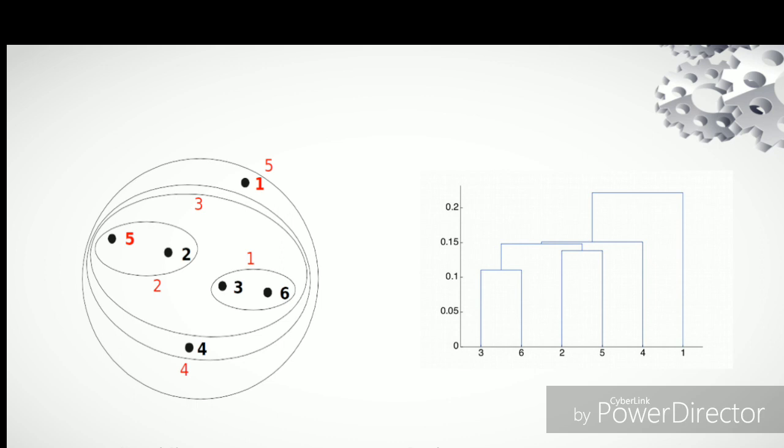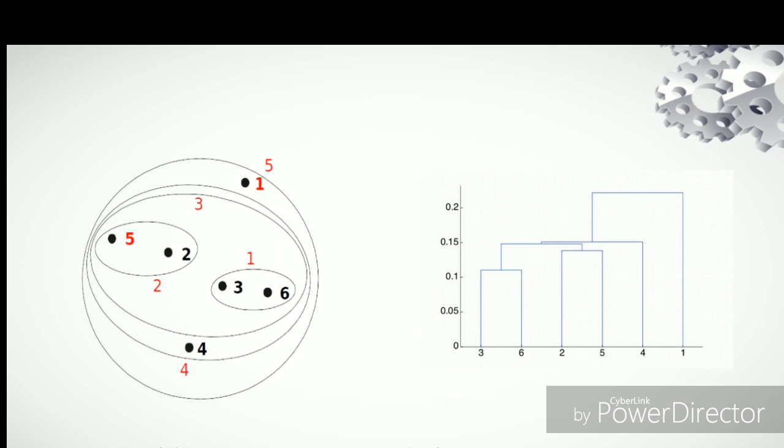Similarly, we have formed a cluster between cluster 1 and cluster 2 and named it cluster 3. Then a cluster between data point 4 and cluster 3 is formed and named cluster 4. Finally, the cluster between data point 1 and cluster 4 forms a bigger cluster, number 5.